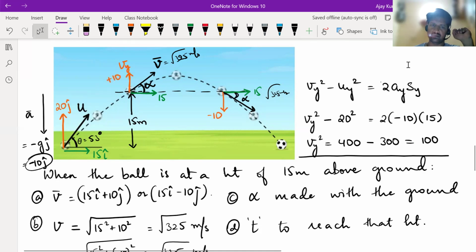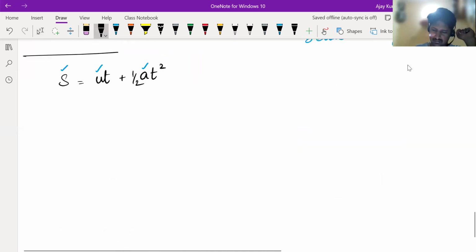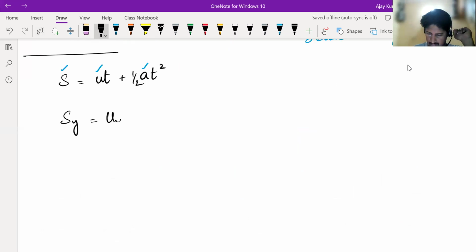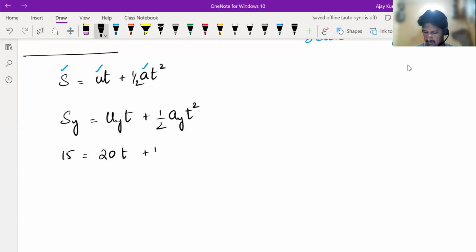Y-axis. Y. Okay, so you should say the equation is Sy, displacement in Y direction, is initial velocity in Y direction into time plus half acceleration in Y direction into time squared. Okay, so this way if you write, it will be better. Okay, displacement in Y direction is 15. Initial velocity in Y direction, we knew it was 20 t plus half.